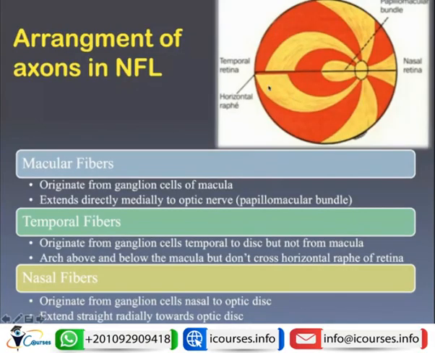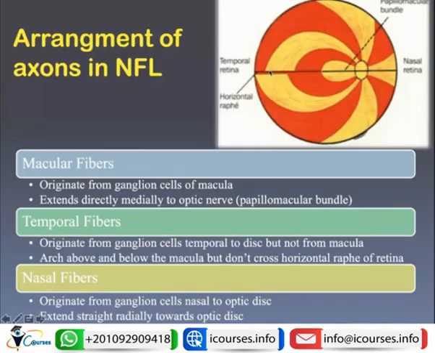While the nerve fibers originating from the ganglion cells temporal to the disc, but not from the macula, will arch above and below the macula without crossing the horizontal raphe, or the horizontal line.